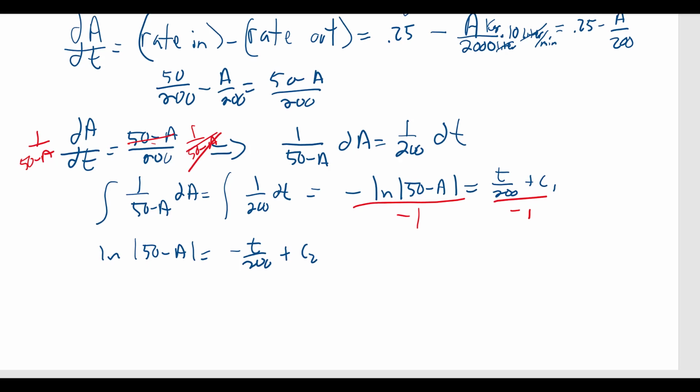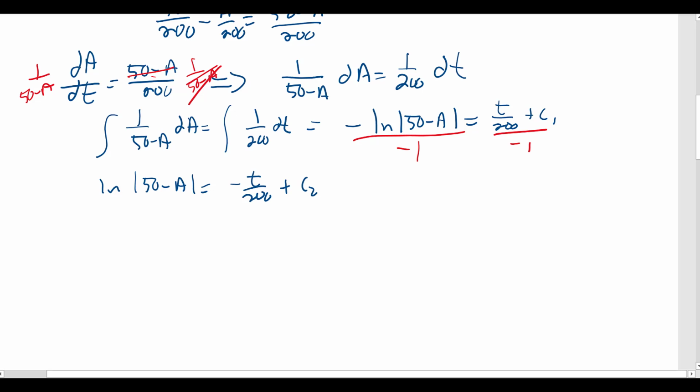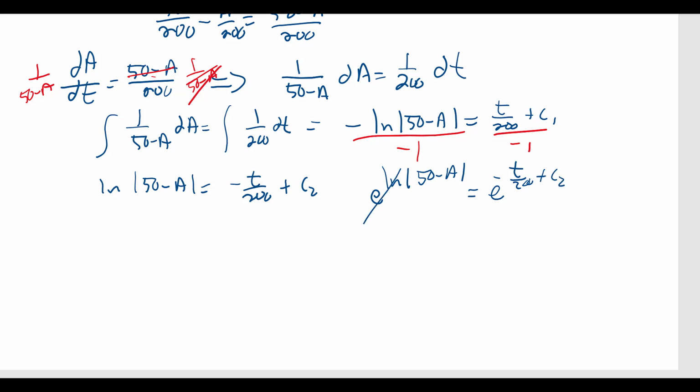Now e to the natural log of the absolute value of 50 minus A is e to the negative t over 200 plus c2. That cancels, and 50 minus A equals e to the negative t over 200 times e to the c2. This we'll just call c.